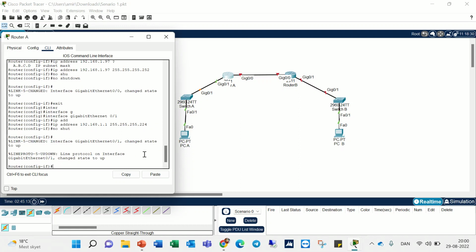Remember no shutdown here, and it will be up, and you can see it will be green.